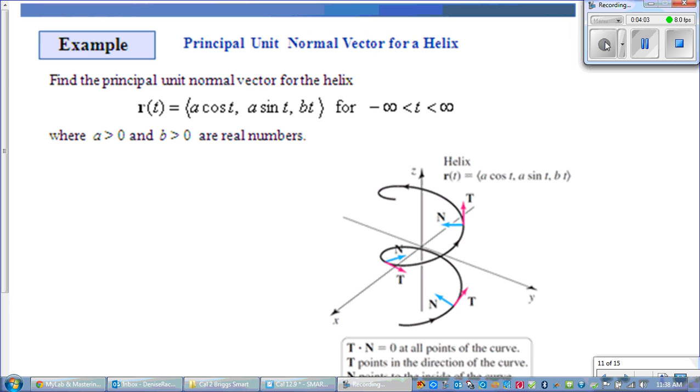So let's find the principal unit normal vector for this helix. The parameter t in this parameterization is probably not the arc length, and I don't want to have to worry about that. So I'll use the formula dT/dt over the magnitude of dT/dt.